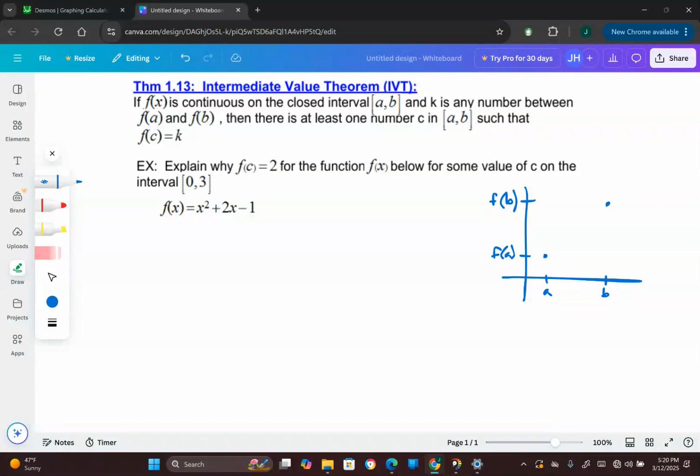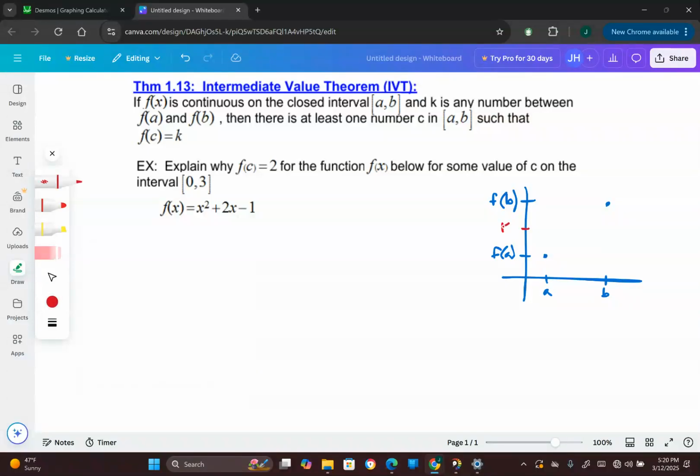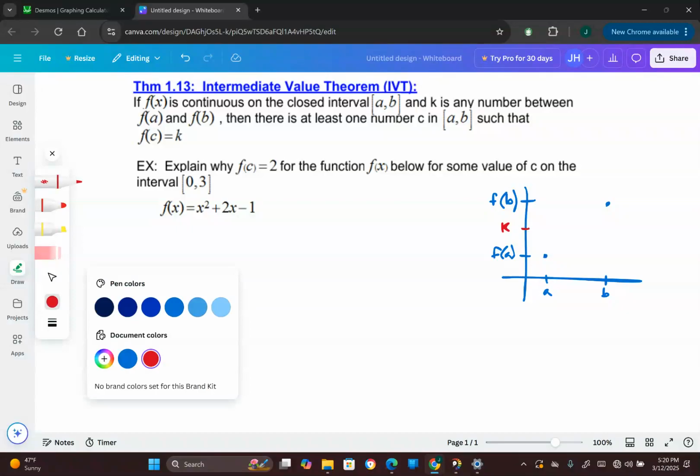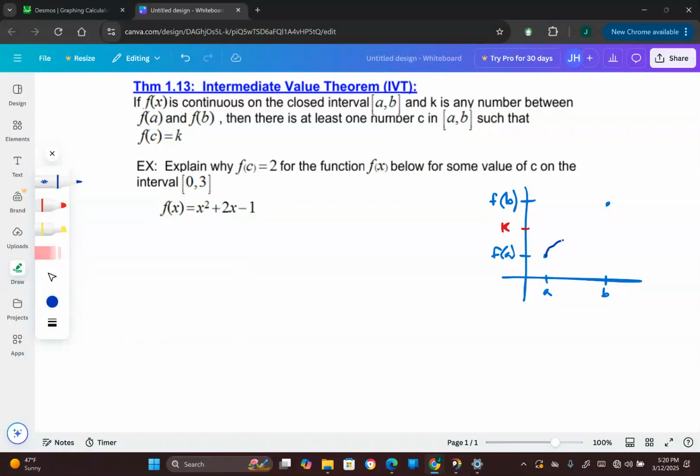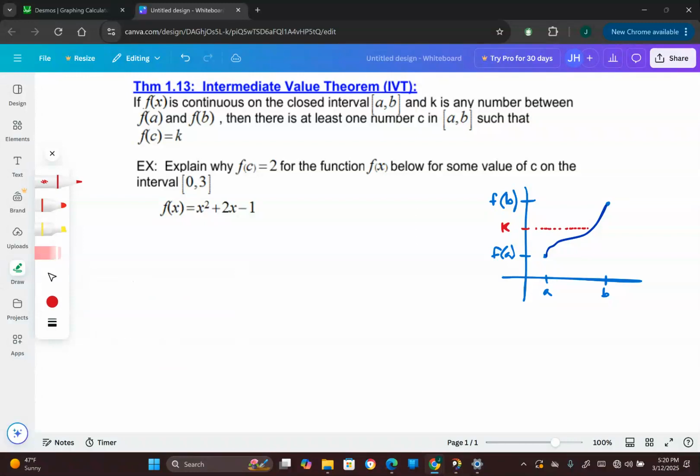There's at least one number c in that closed interval from a to b such that f of c equals k. So if k is somewhere between, and I'm going to use a different color here, let's say k is right here, there has to be, if I draw that function in between those two coordinates, for that value k, if you move over to the graph and you move down to the x-axis, there has to be a value c where f of c has to equal k.